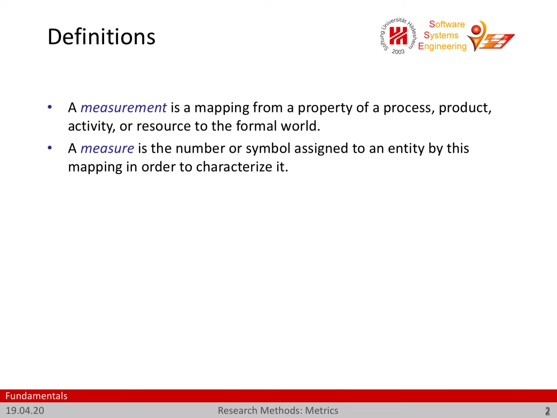A measure is a number or symbol assigned to an entity by this mapping in order to characterize it. Meaning the measure is the specific value in our formal or theoretical world. A metric is the entity that is measured.